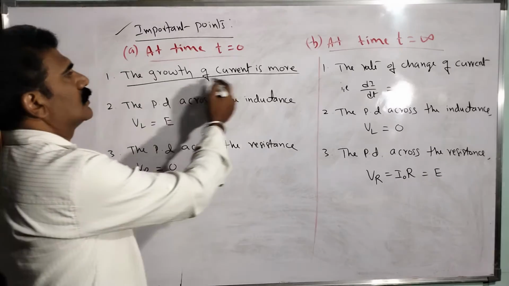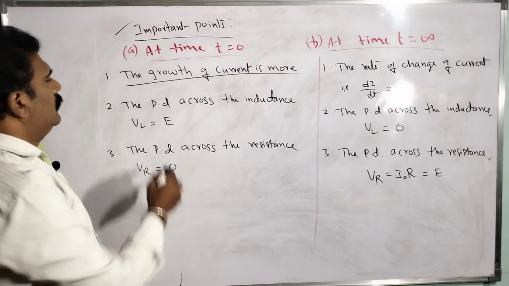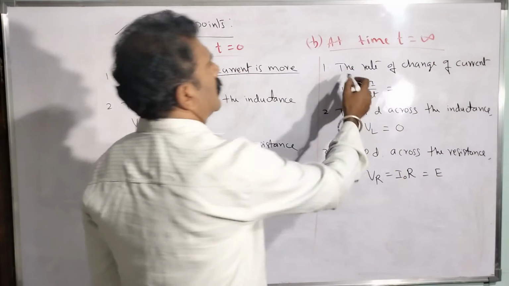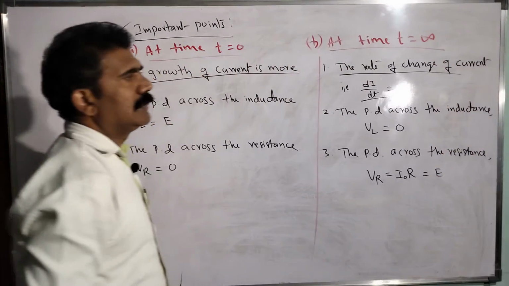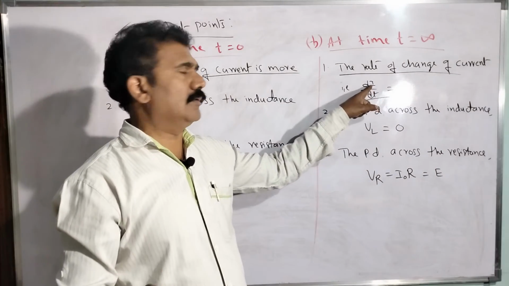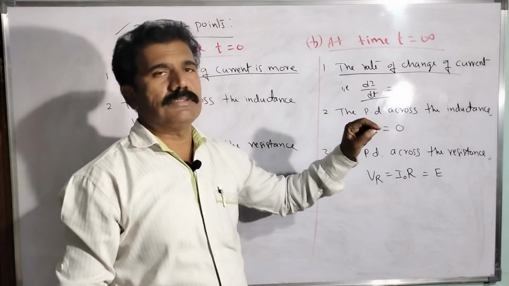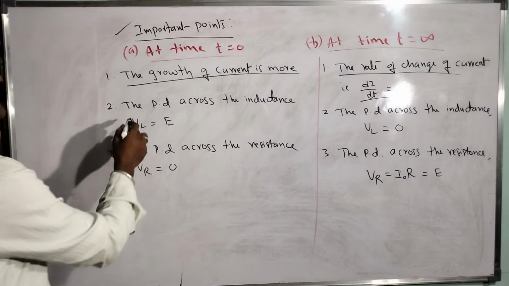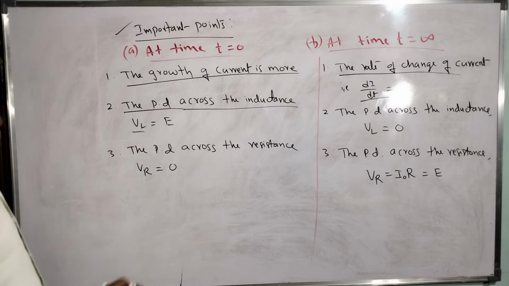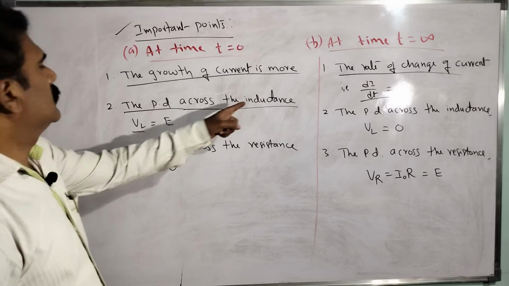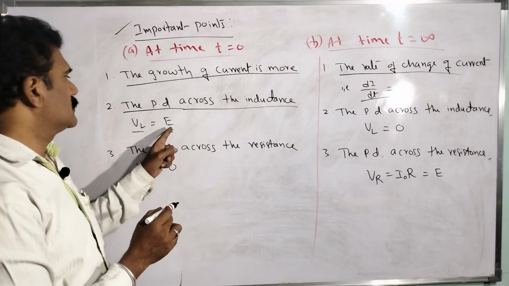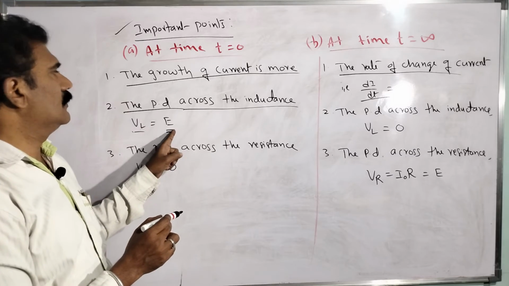In the case of time t equal to infinity, as the time increases, the rate of change of current di by dt equal to 0, because the current reaches the steady, maximum value, hence di by dt equal to 0. And similarly the potential difference PD across the inductance, that is VL, is equal to the supply voltage itself. The supply EMF E is there here, so VL will be equal to E only.